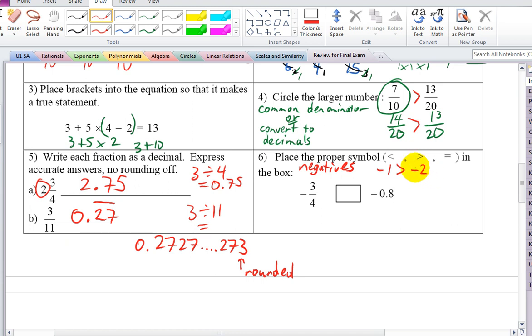Now, what would you do with 3/4 and 0.8? Yep. Convert the 3/4 to the decimal. I'd go to decimals here, since you already have one. I mean, you could convert it to negative 8 over 10, but you know what? Decimals are fine. You should practice that too. So convert it to a decimal and use your correct sign. Go.